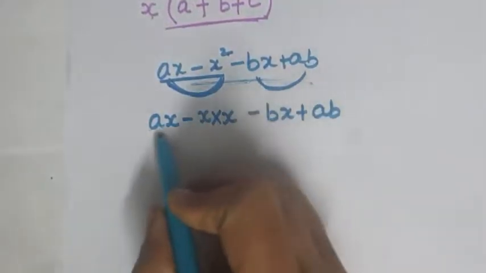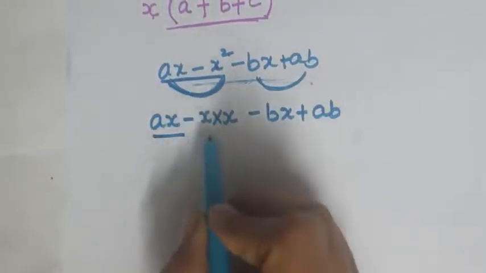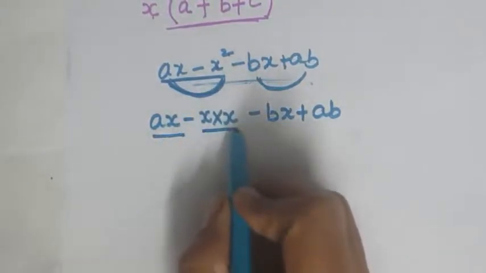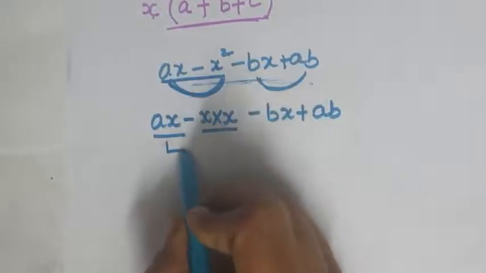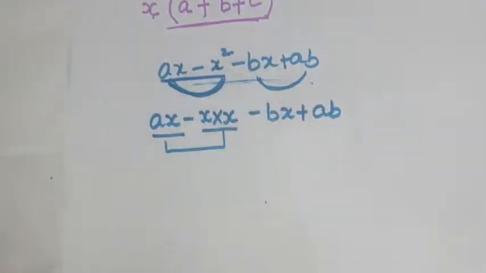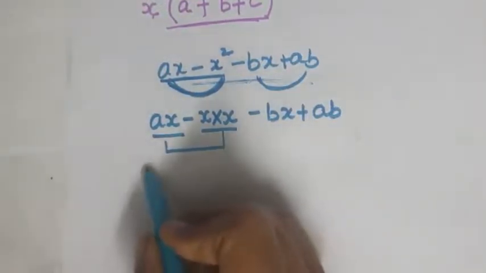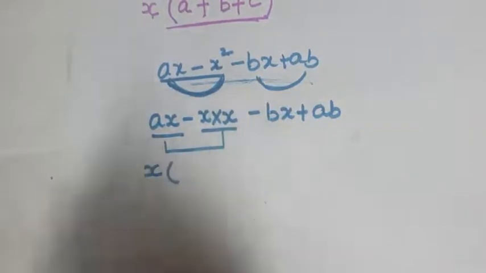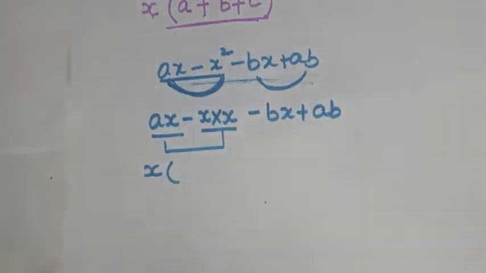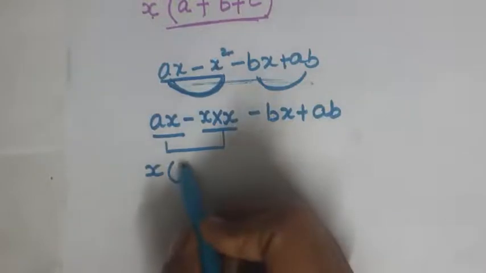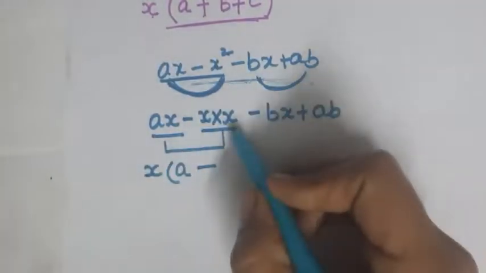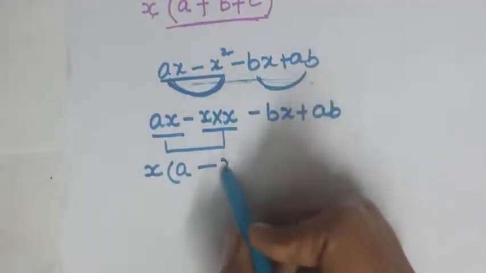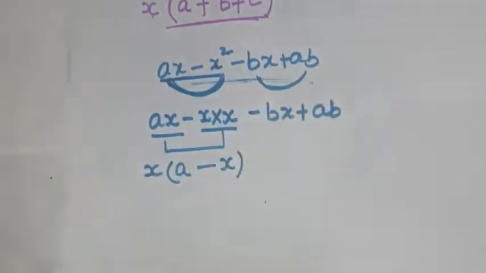Now, ax is here, x into x is here. So what is common here? Yes, x is common here. So what do we get inside? That is a minus x, because x is common. So what is left? That is x.